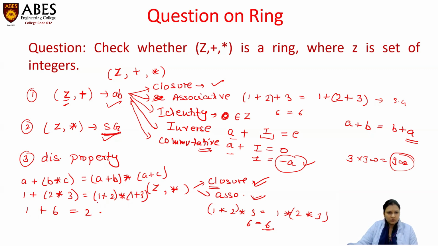Here 1 plus 2 and then multiplication. So this is 1 plus 2 is 3 and this is 4.